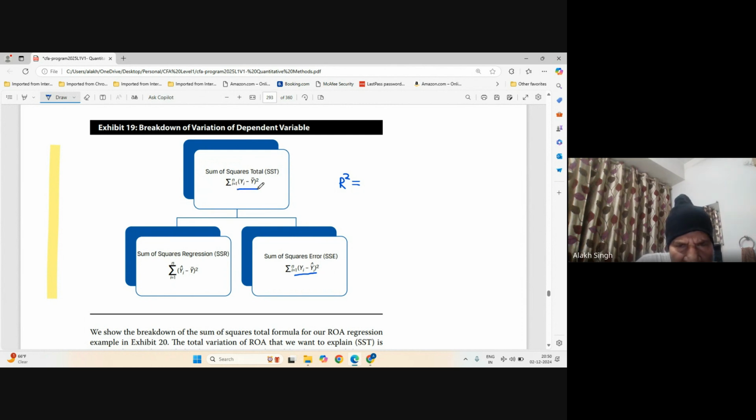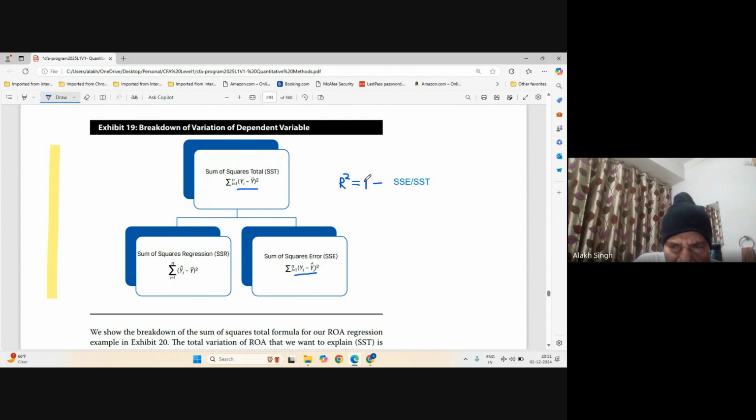No, this one is the error terms. So R square will be 1 minus SSE by SST. Now the question is, what if you don't use 1 minus?